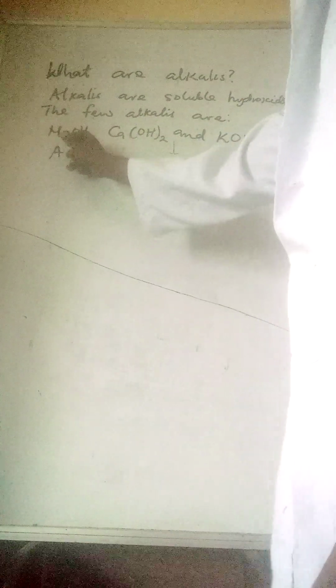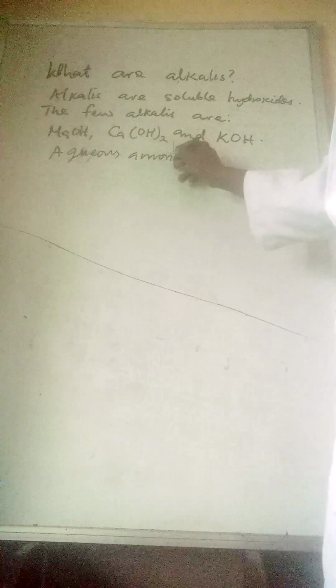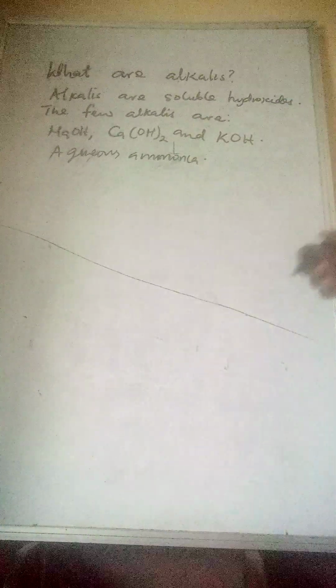Lest I forget, there is one other alkali, but this one does not contain a metal, and that is what we call aqueous ammonia. Aqueous ammonia is another alkali. That is, when we dissolve ammonia gas in water, it gives aqueous ammonia, which is written as this.